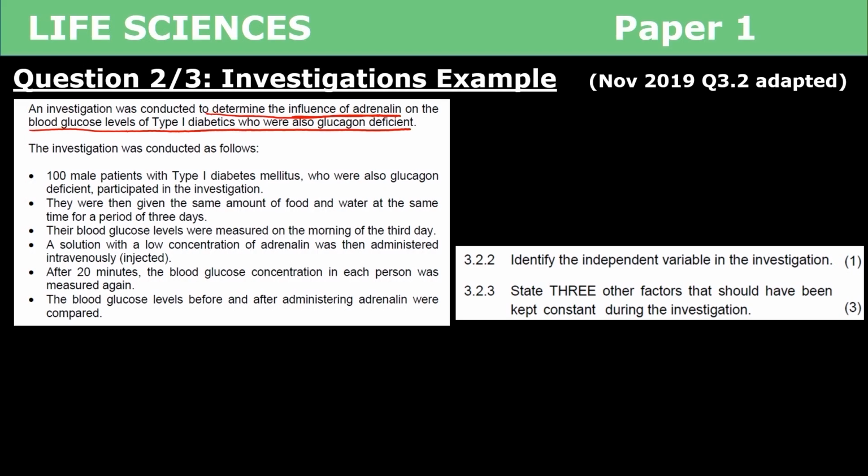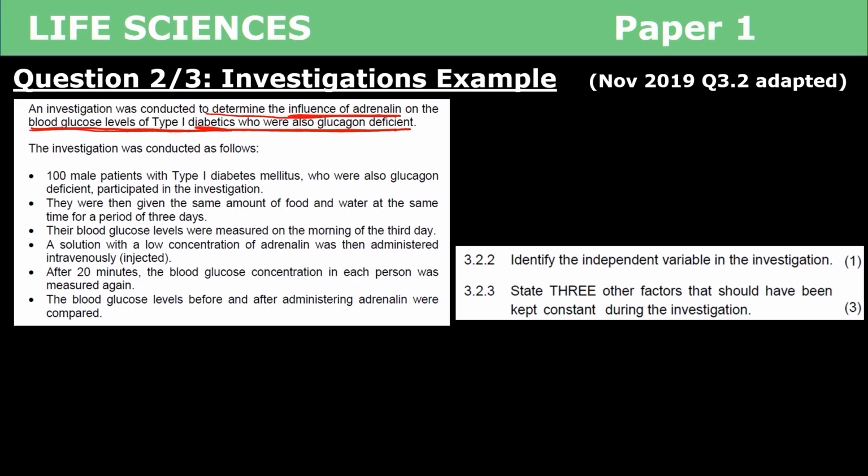Right, so there are 2 important variables here: to determine the influence of adrenaline on who? On the blood glucose levels of type 1 diabetics. But these type 1 diabetics were also glucagon deficient. Right. The investigation was conducted as follows.